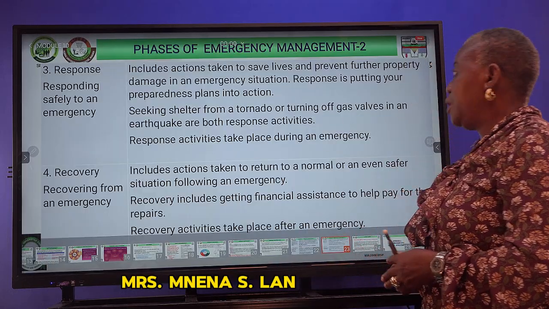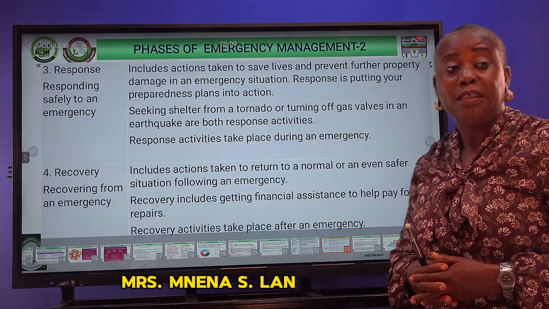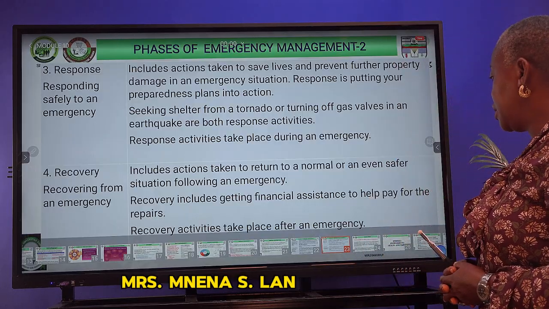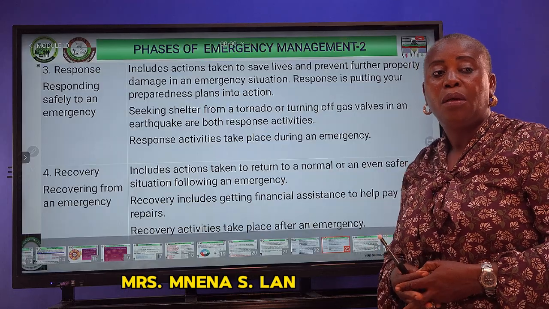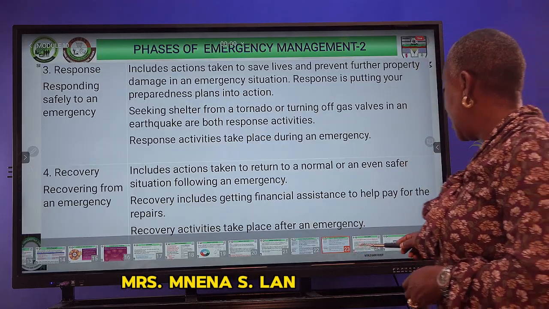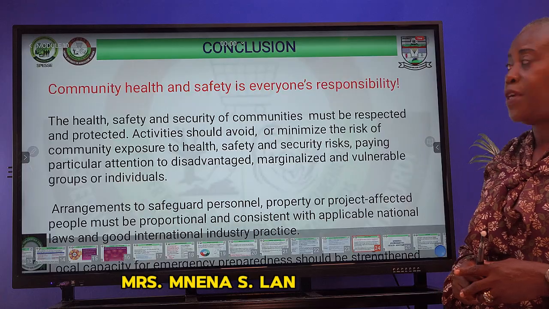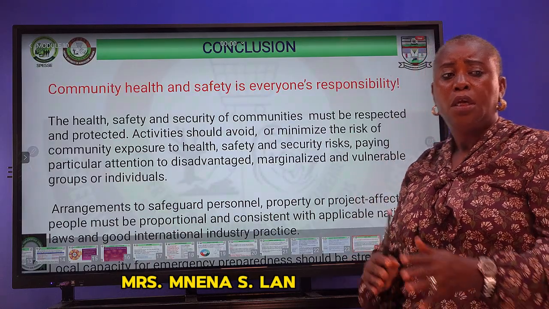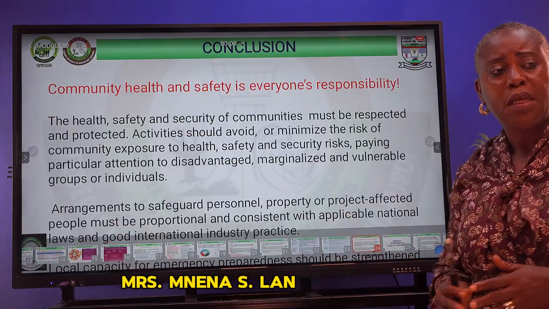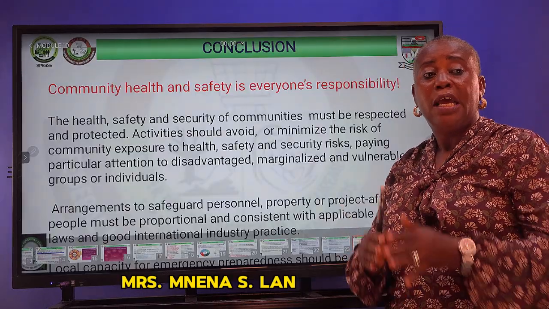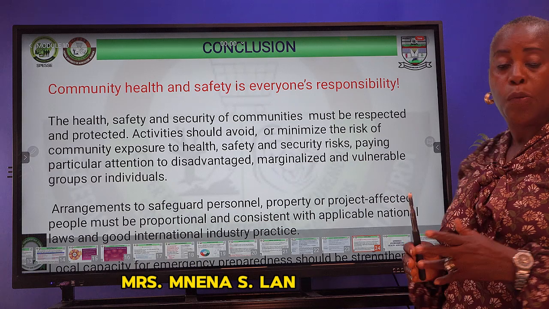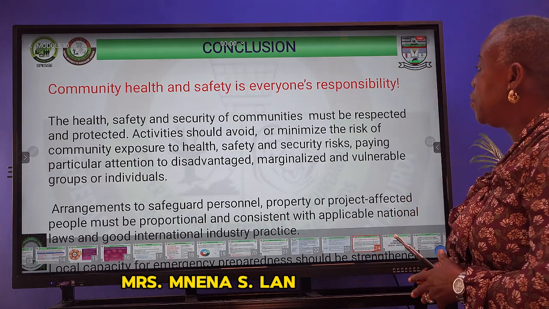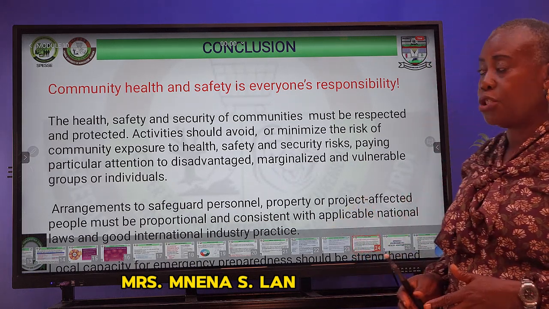So at the end of the day, community health and safety is very important to ensure that people are safe and go about their daily activities. And it's everyone's responsibility. It's not the responsibility of government alone. It's not the responsibility of healthcare workers. It's not the responsibility of environmentalists. Everyone is responsible for community health and safety, and so everyone must be prepared to take action.